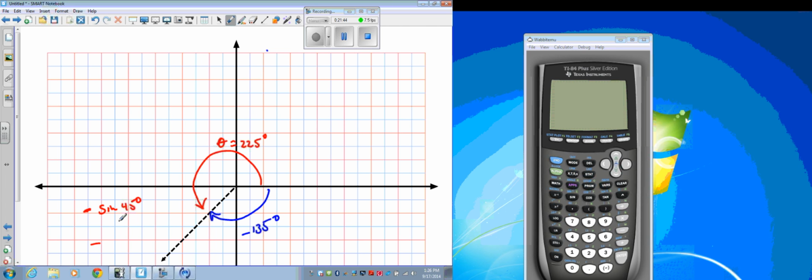We're talking sine. So what is sine of 45 degrees? Okay, so it's the square root of 2 over 2, and it has a negative in front of it. That makes sense.